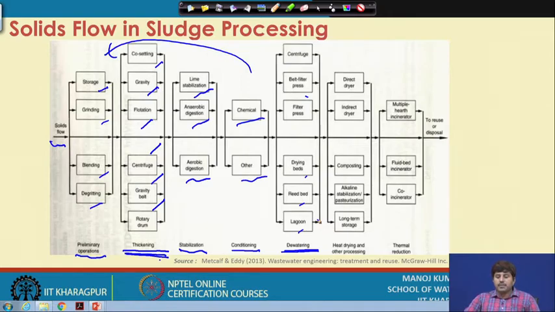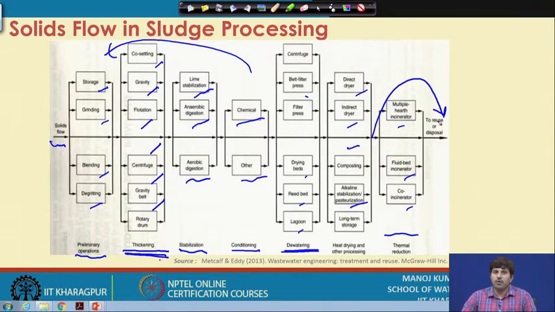After that there is heat drying and other processing, which could be composting, indirect dryer, direct drying, alkalinity stabilization or long term storage of the sludge, and then it can go for thermal reduction. Multiple hearth incinerator, it can go to the incinerator if we want to incinerate, or from here it can go to direct disposal.